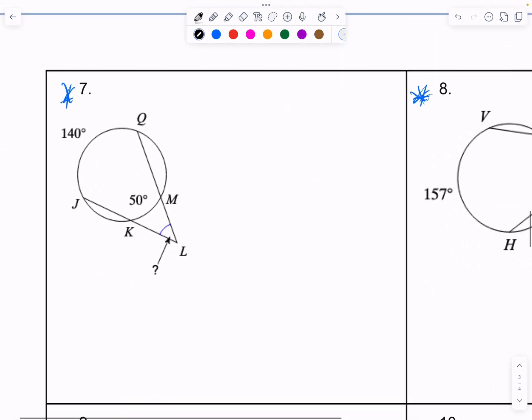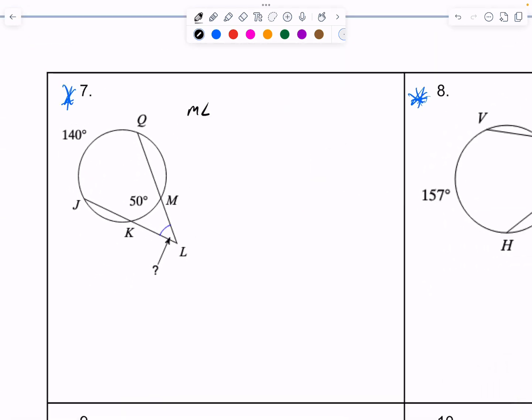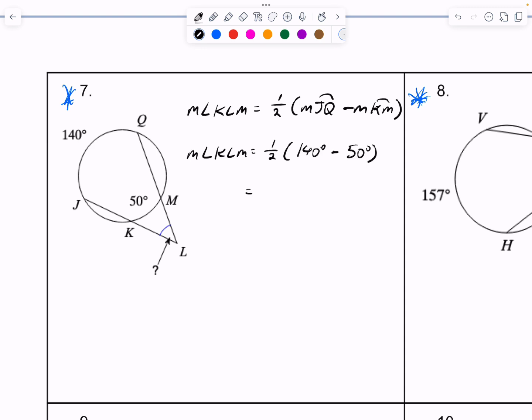The measure of angle KLM is equal to, let's find the measure of the larger arc, which is JQ, minus the measure of the smaller arc, KM, and then we'll cut it in half. I think they're giving us both of those arc measures. The larger arc is 140 degrees, and the smaller one is 50. So when I subtract that, I get 90 degrees.